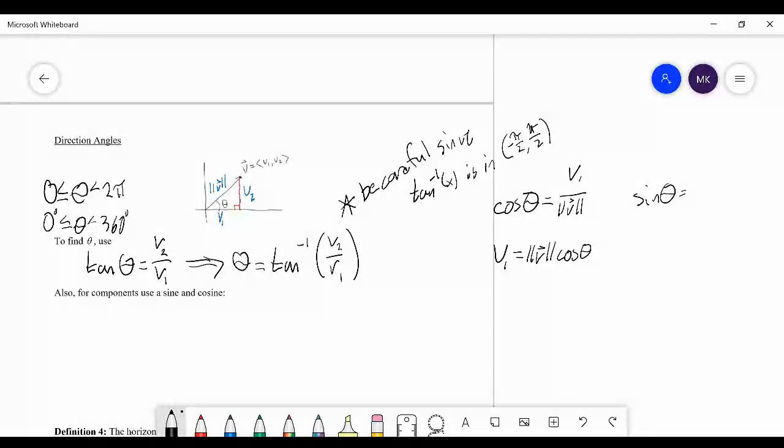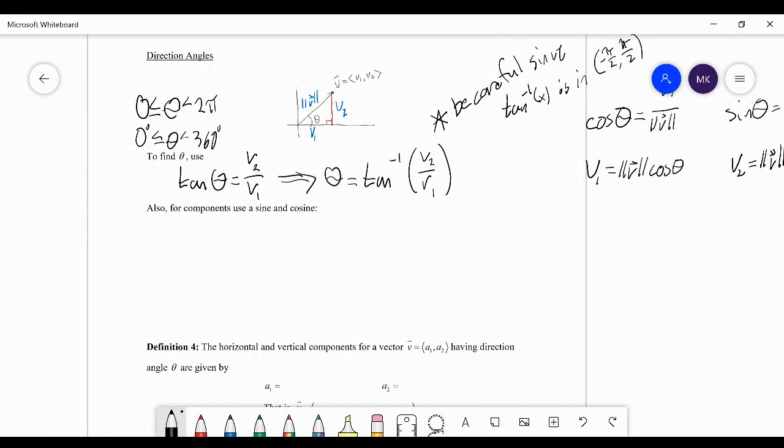And we get that sine theta is V2 over the magnitude of V. And so V2 is simply equal to the magnitude of V times sine theta. And there we have it. So those are some really nice, cool, useful facts, right?